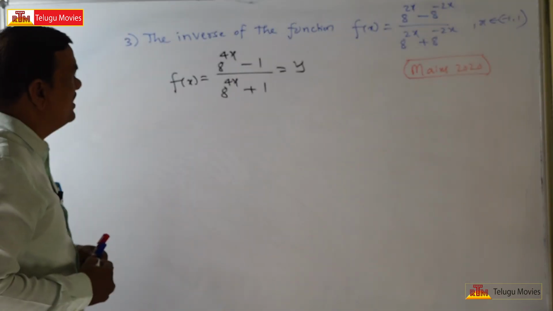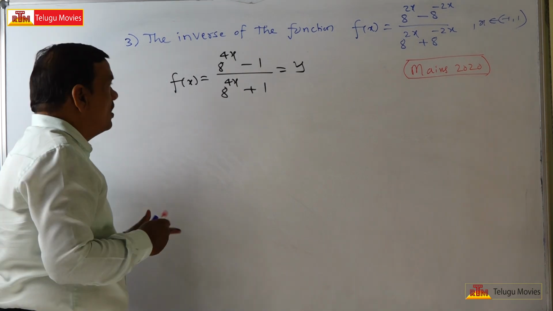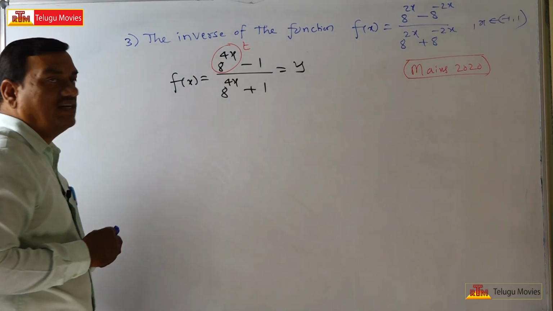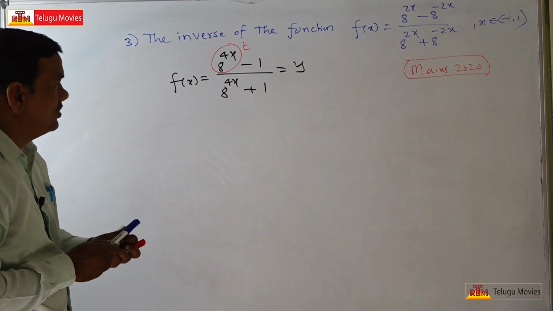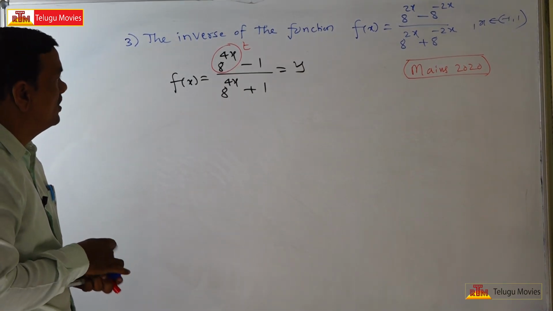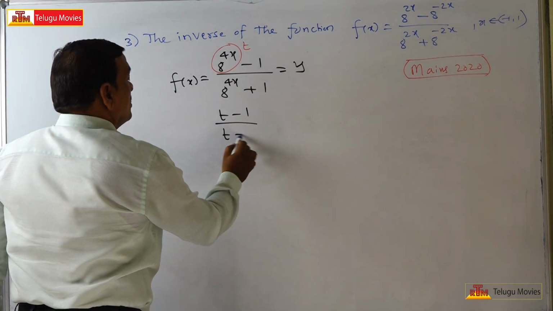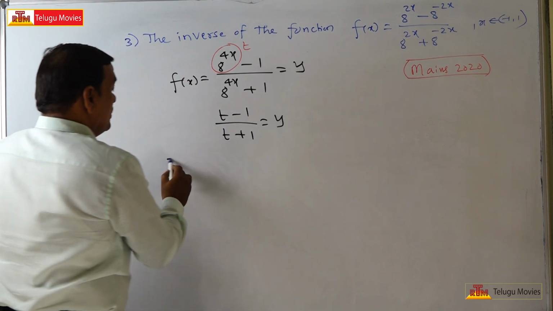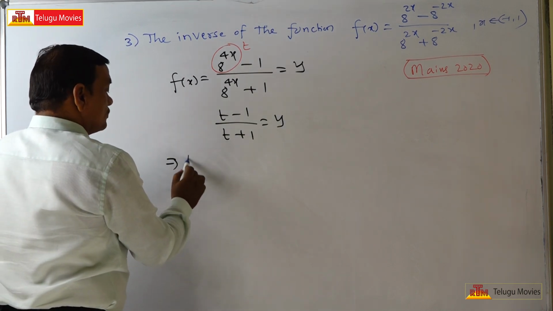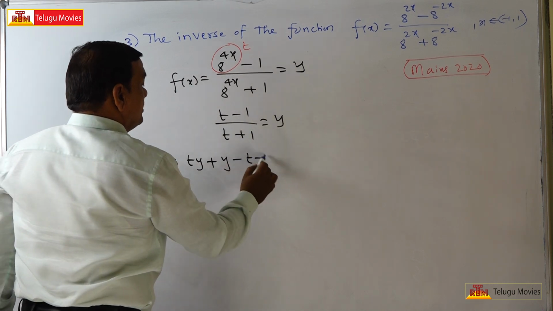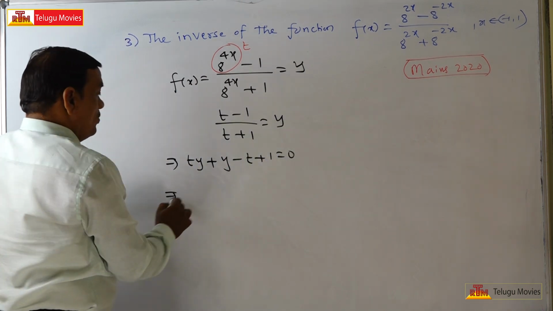For our convenience, consider 8 power 4x as t. Let us take it as t. Now the problem will become like this: (t minus 1) by (t plus 1) is equal to y. So this is equal to ty plus y minus t plus 1 is equal to 0.